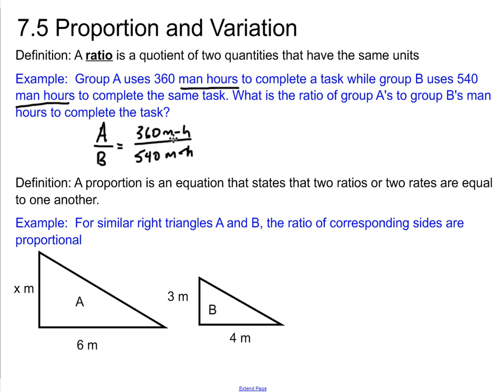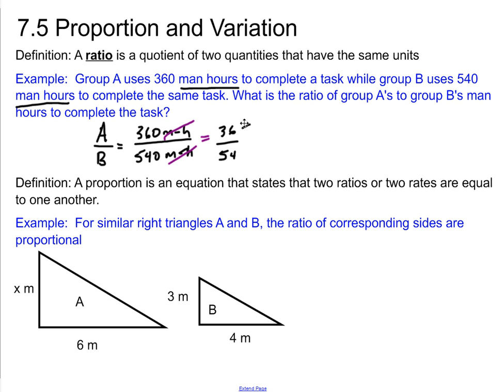And you'll notice that as long as the units match in the numerator and denominator, it's almost as if we can simply cancel them out, and we're left with a ratio that we will want to reduce. Well, 360 divided by 540, first of all, both of those numbers are divisible by 10. They end in 0, so we would have 36 over 54. And we try to think, what is another number that we know both are divisible by?